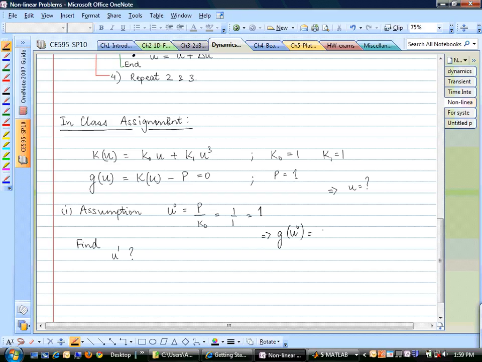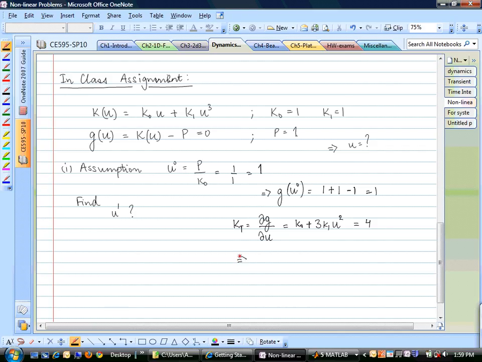That should be 1 plus 1 minus 1, which is 1. What is the value of the tangent stiffness? Tangent stiffness would be the gradient of g with respect to u. That is k naught plus 3 k1 u squared. That is equal to 4.